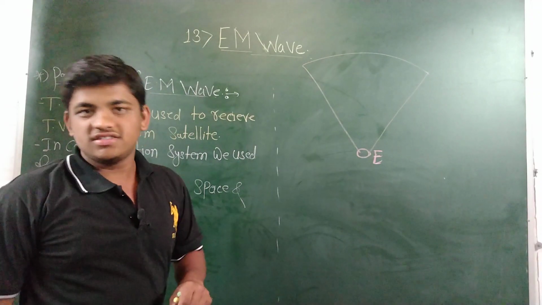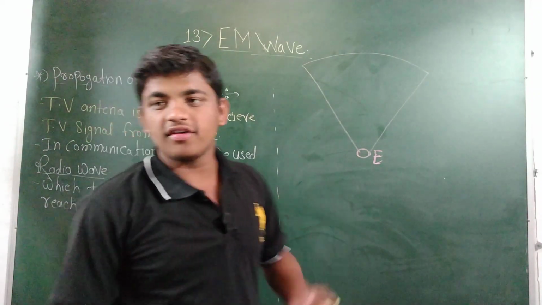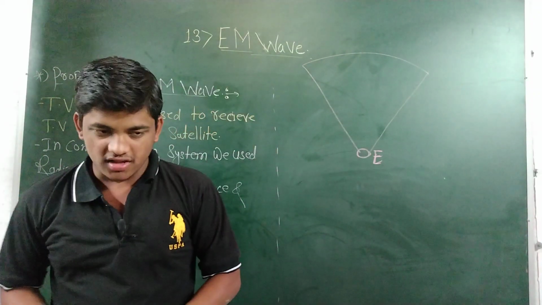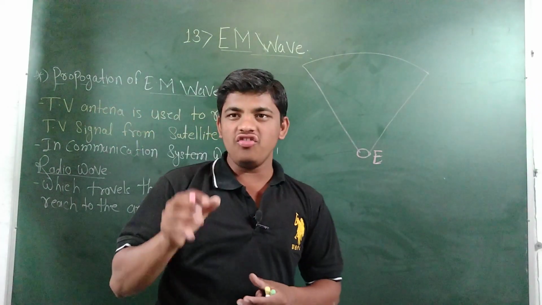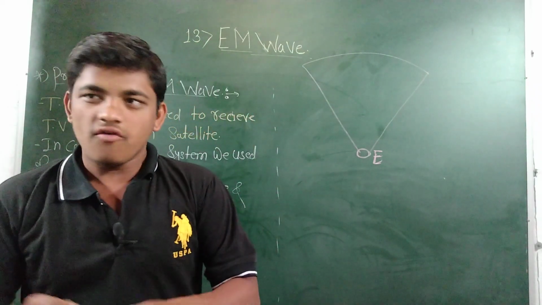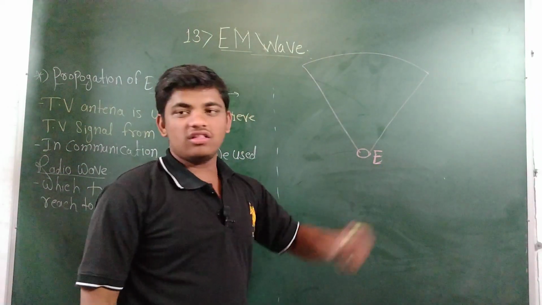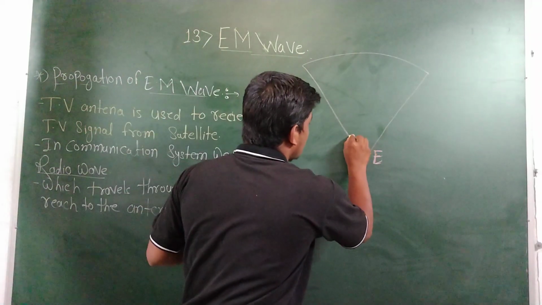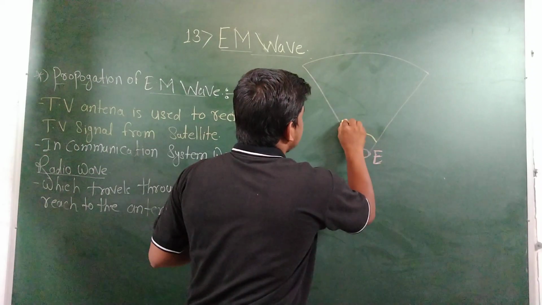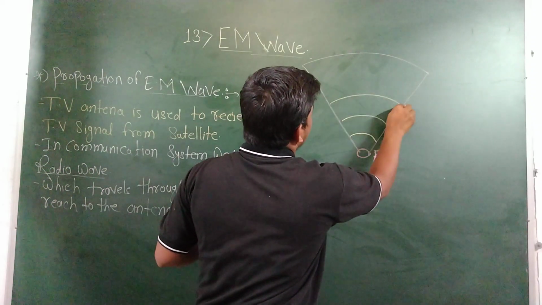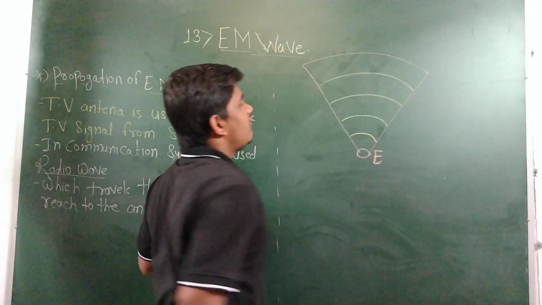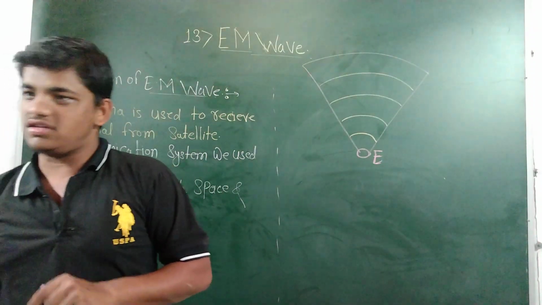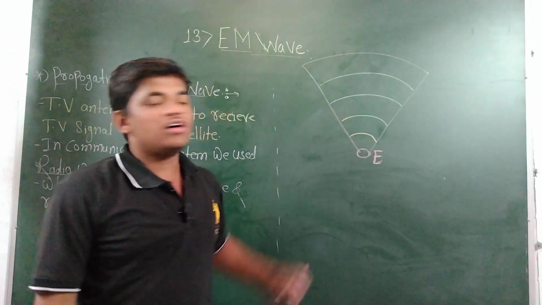Let's start discussing the different layers or spheres. For the study of the propagation of electromagnetic waves, we study the earth's atmosphere. There are a total of 5 atmospheric layers around the earth.